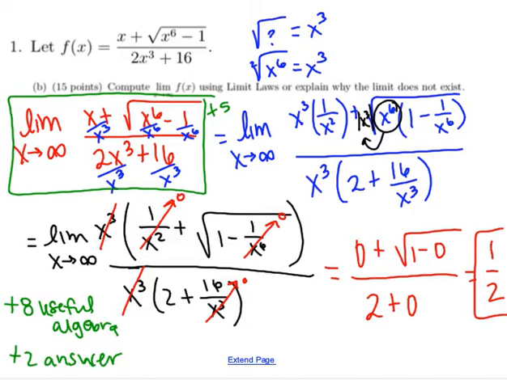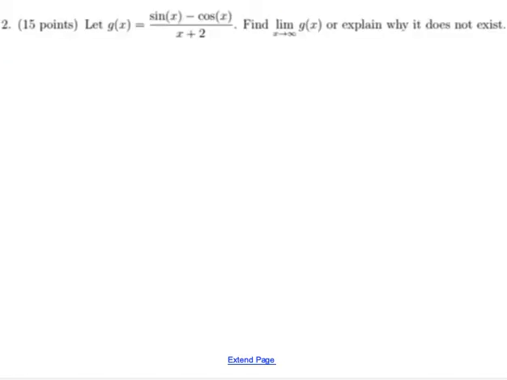All right, good. Number 2 is the thinker. It's a good one. We've got our g of x, and we're finding the limit as x goes to infinity. So I'm just going to write it out.